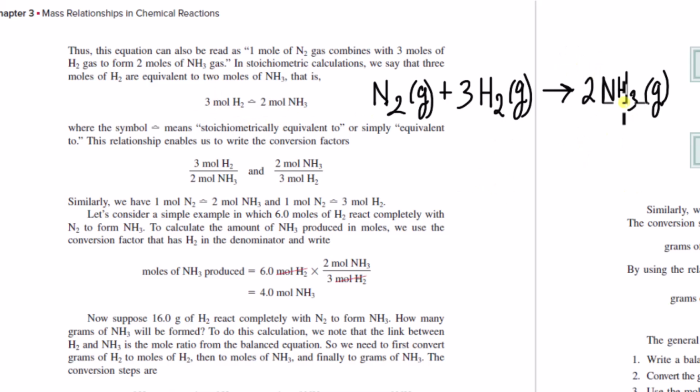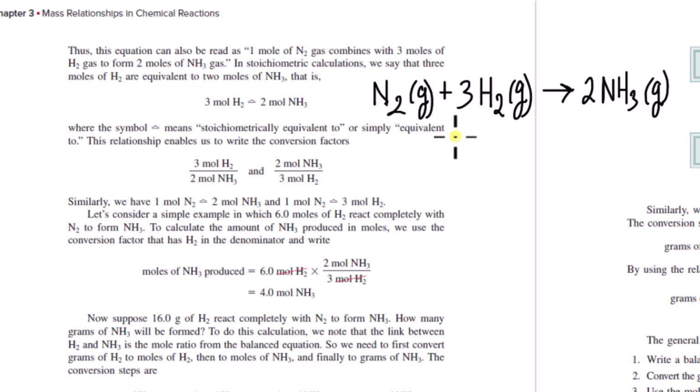You say the coefficient of that many moles, or whatever count you want, of that reactant or product is stoichiometrically equivalent to the coefficient of that many moles of whatever other reactant or product you want. Everything in a balanced chemical equation, from the count mole perspective, is stoichiometrically equivalent to everything.